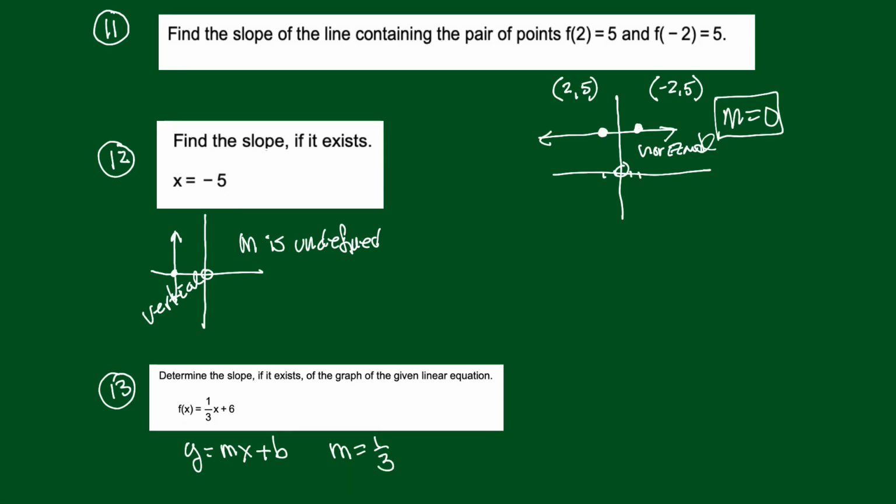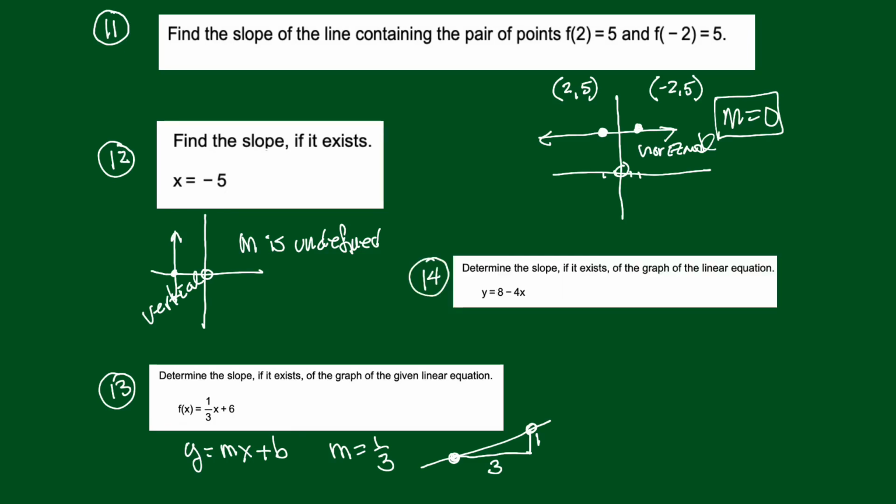What that means on a graph is this: if we're anywhere on the graph and we go over 3, the bottom number is the horizontal change and the top number is the corresponding vertical change. We would go up 1, and the line would pass through those points.